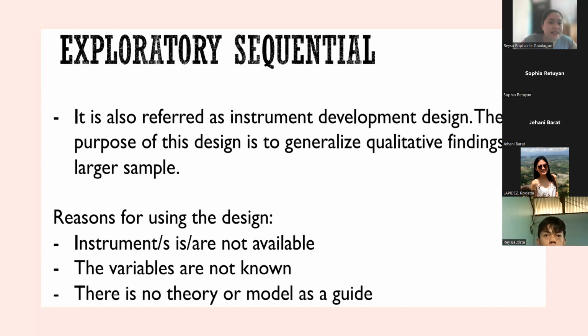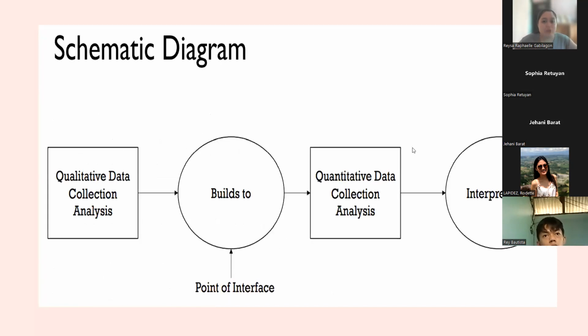So, kaya magtatanong-tanong muna tayo sa kanila. Ano ba yung current situation or ano ba yung current phenomenon or ano ba yung kanilang perception over a concept or a topic para magkaroon tayo ng idea, ganito pala. So, ito yung sinabi ng mga concerned participants kaya meron na tayong guide para gumawa ng questionnaire.